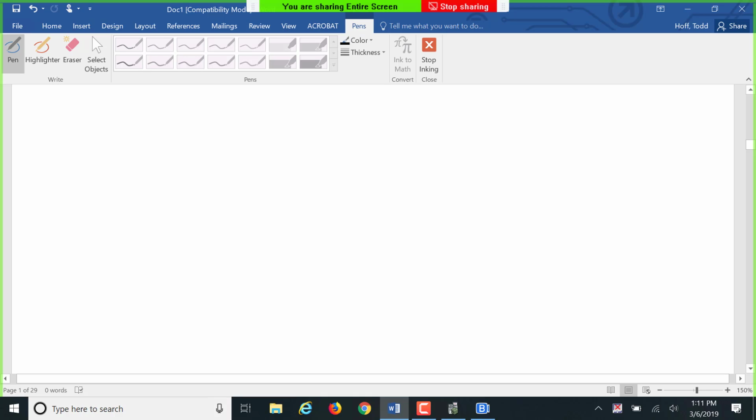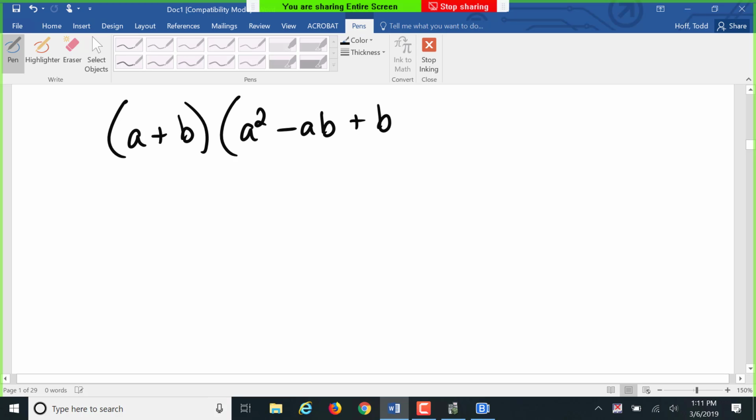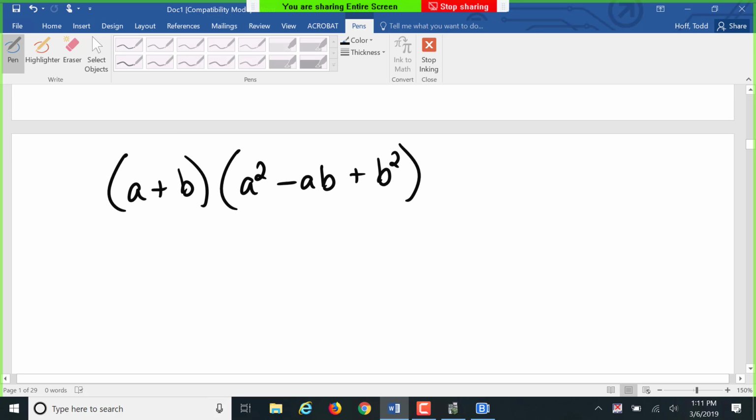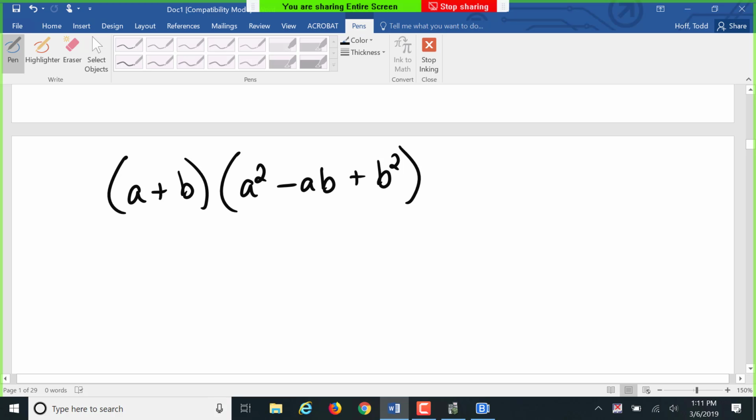A couple of special products that we have not looked at involve perfect cubes. We're going to multiply out this problem right here: a plus b times a squared minus ab plus b squared.